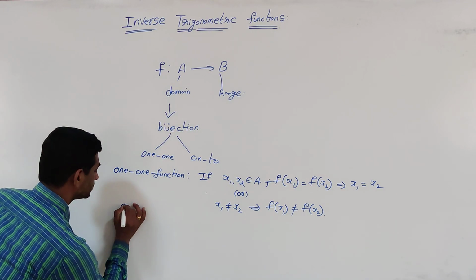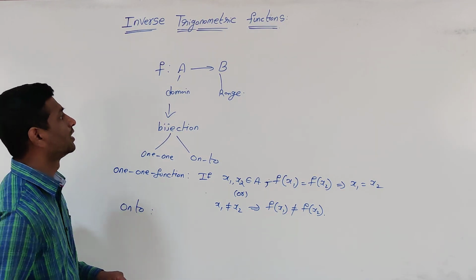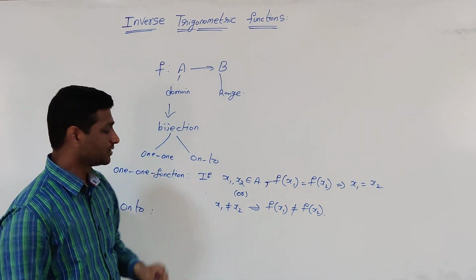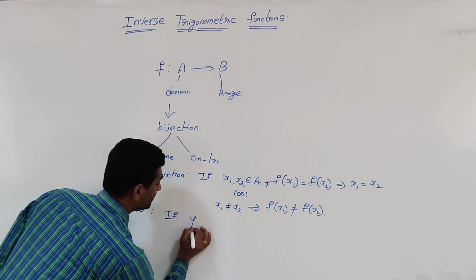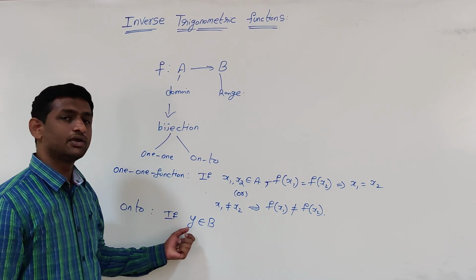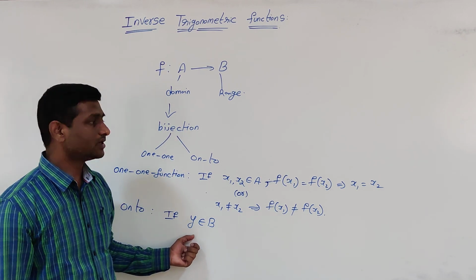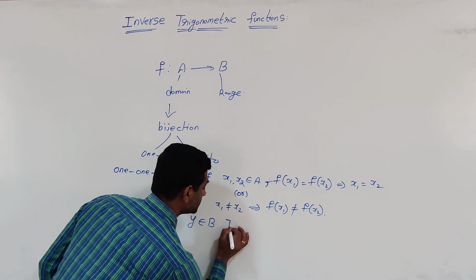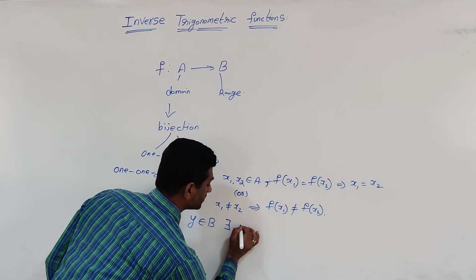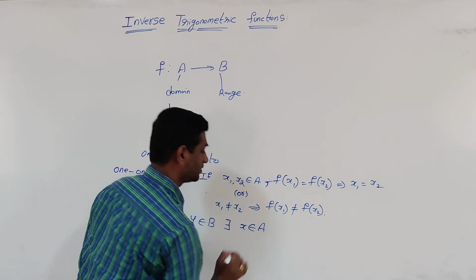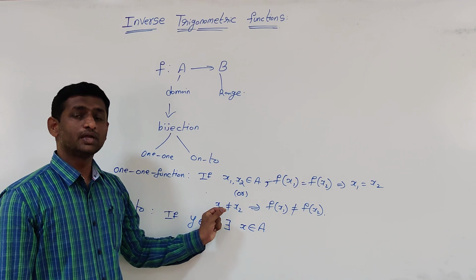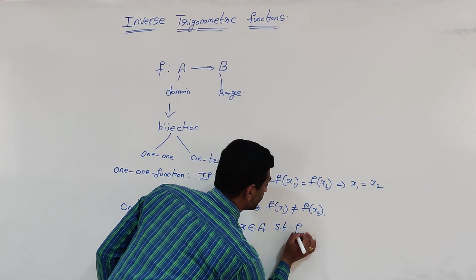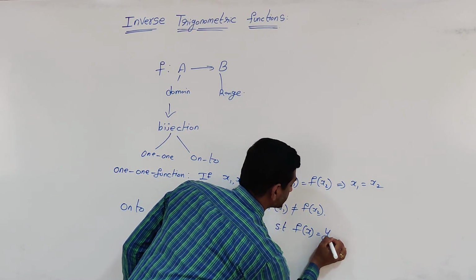Next, onto function. For every element of the codomain, suppose y belongs to B, that is the codomain, there exists at least one element x in the domain A such that f of x is equal to y.